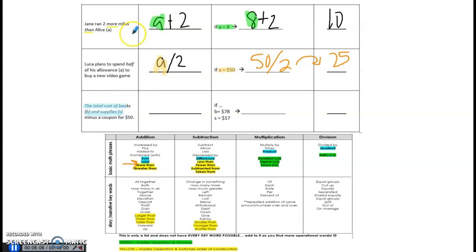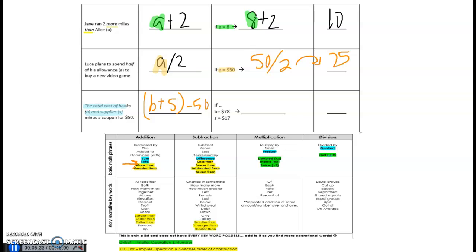This portion means I'm going to need to add up the total cost of books and supplies first before doing anything else. That would logically make sense. So I would be taking B and adding it to S, because total means to add and also means to make sure I include parentheses. Then it says minus a coupon for $50, so my second part would be to subtract 50.